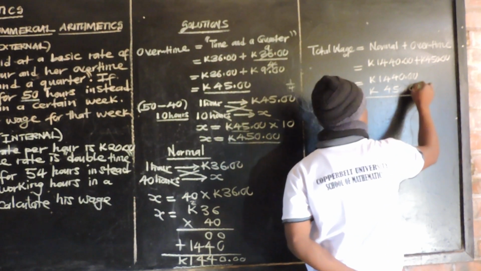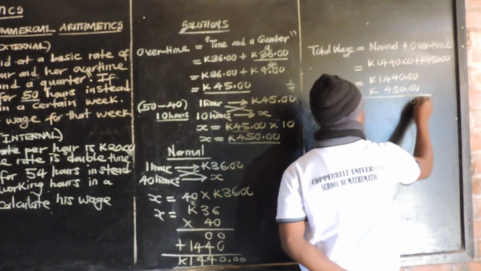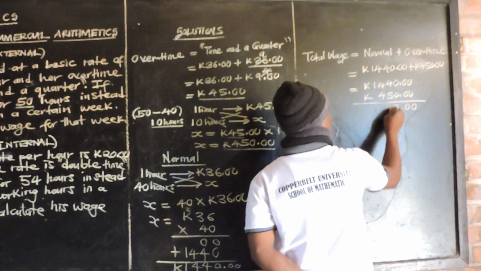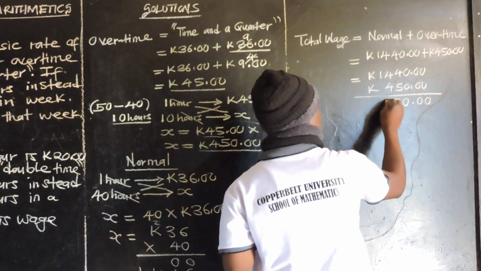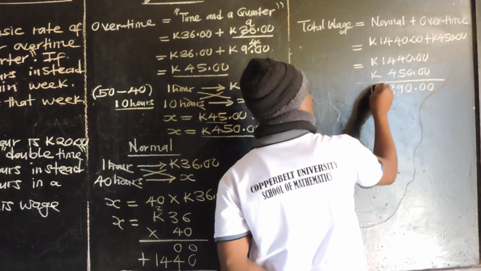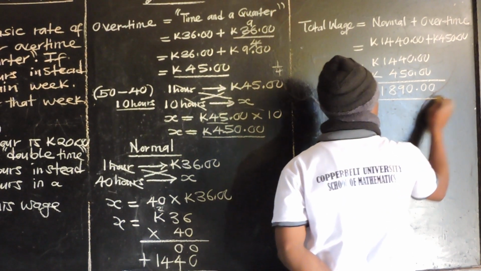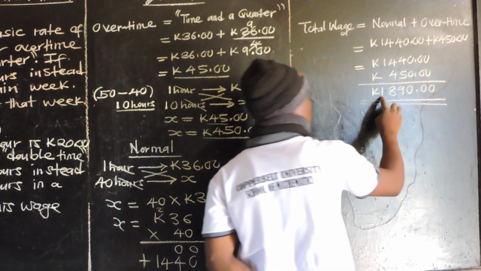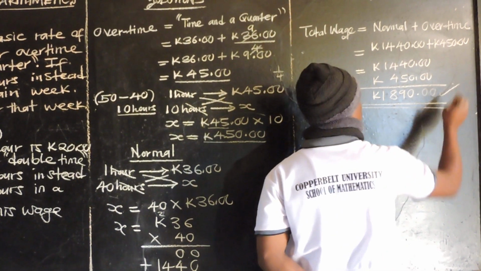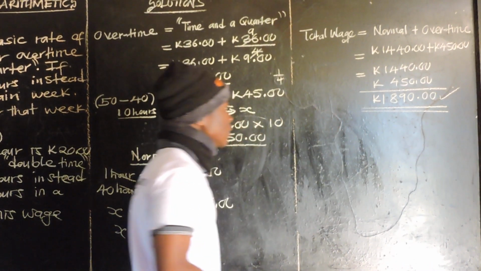So we can now add. These are going to give us 0. Then 0 plus 0, 0. Then 5 plus 4 gets 9. 4 plus 4 gets 8. Then 1 plus 0 gets 1. So this is our total wage, which is how much? 1,890 kwacha. This is our total wage. Okay? As simple as that.